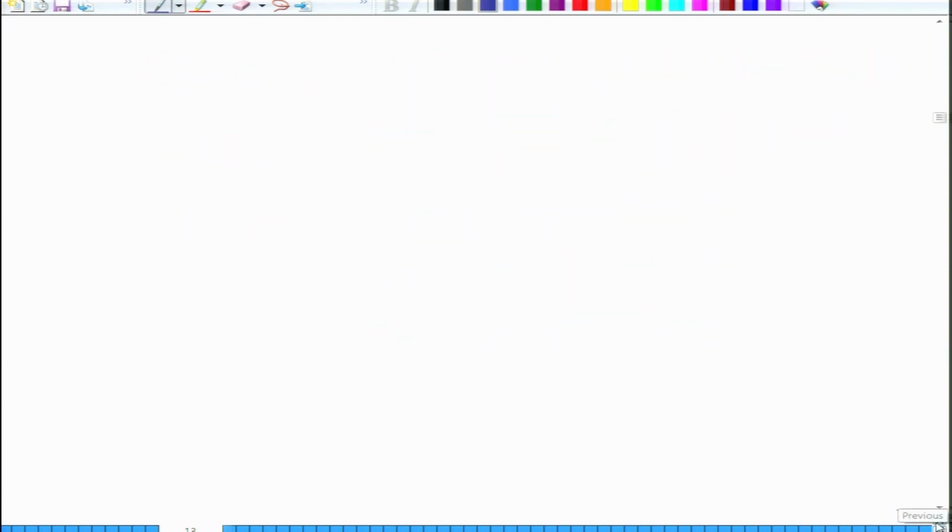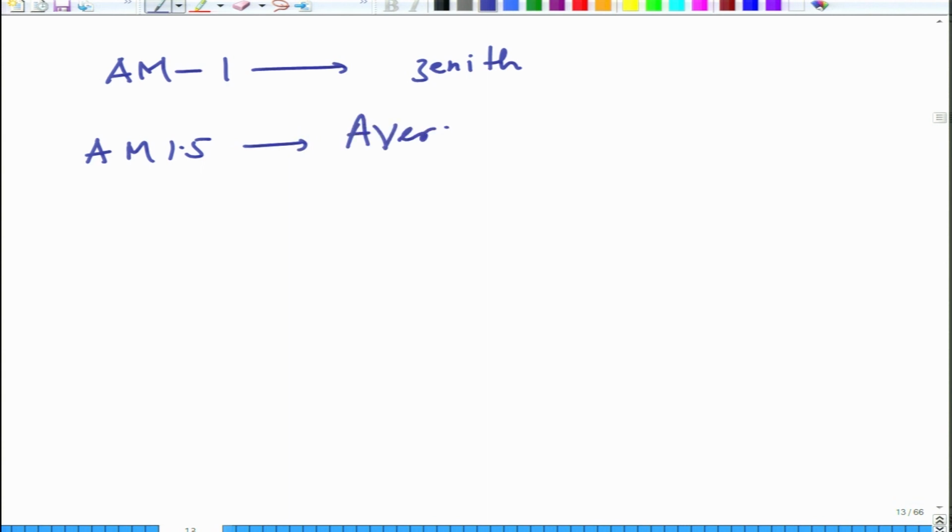So, basically you can say AM 1 when sun is at zenith, AM 1.5 you can say the average value which is basically the mid latitude spectrum.